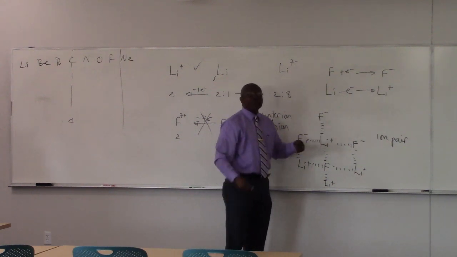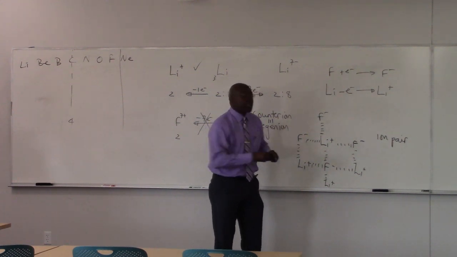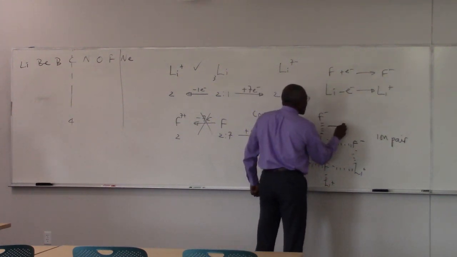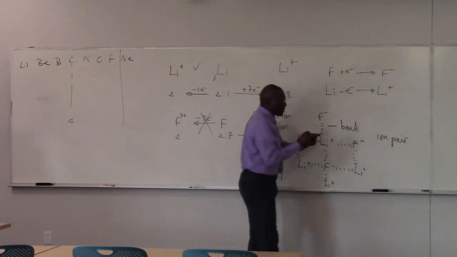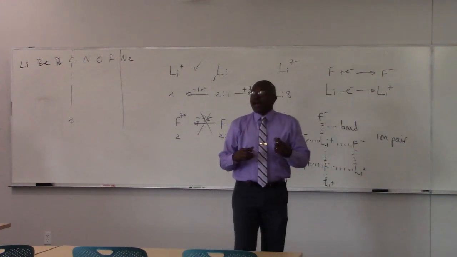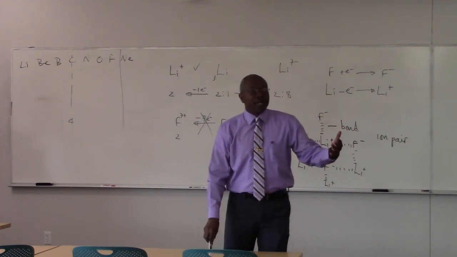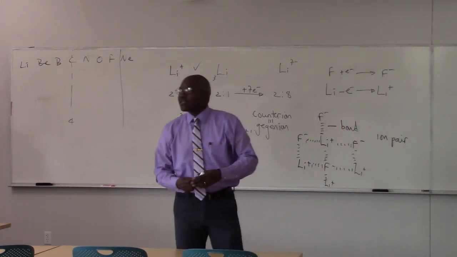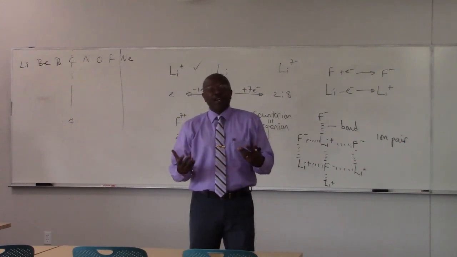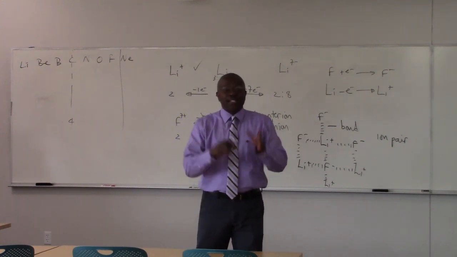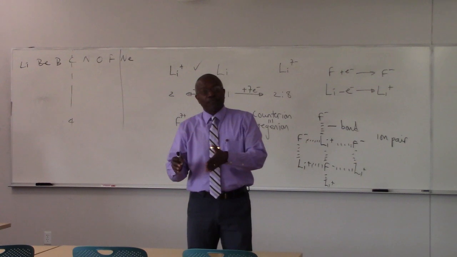This dashed line represents the force of attraction. The force of attraction is the bond. That's what a bond is, right? I've got a bond to my wife and to my kids. That is a force of attraction. You're bonded to your pets. It is a force of attraction.